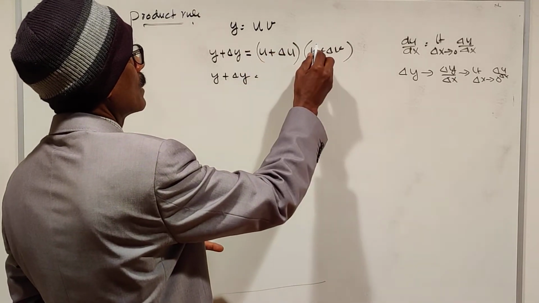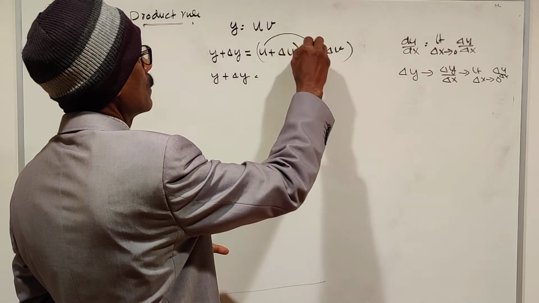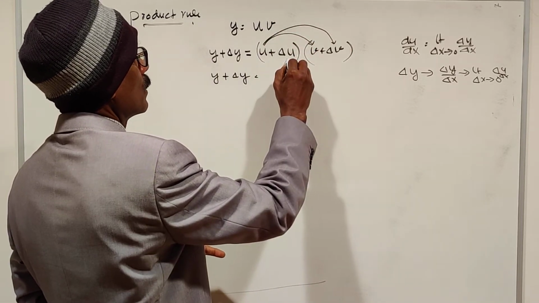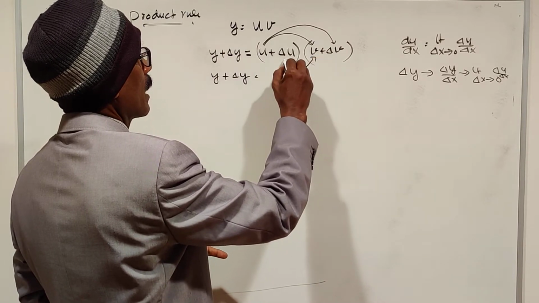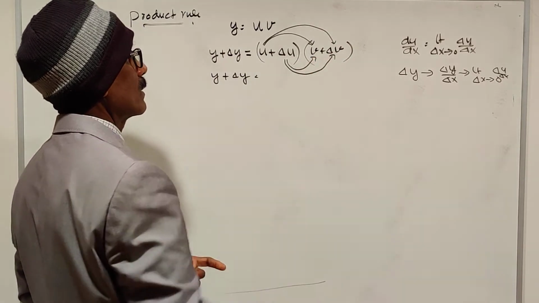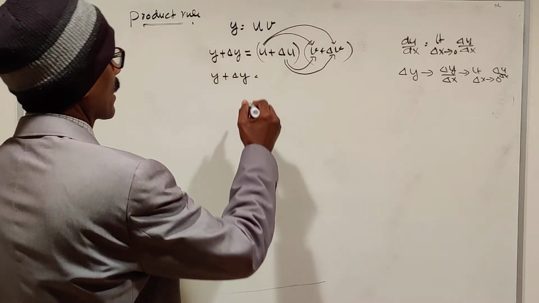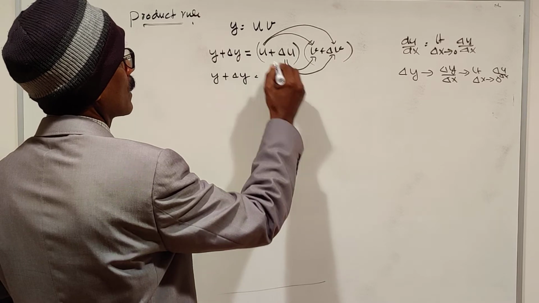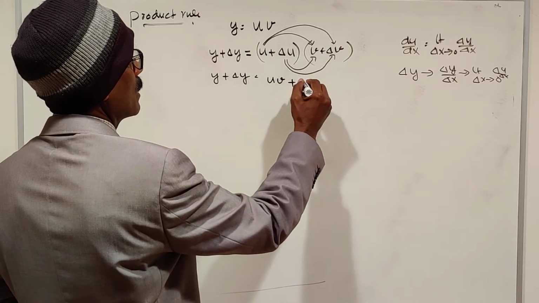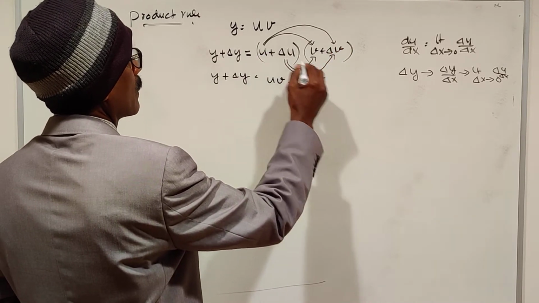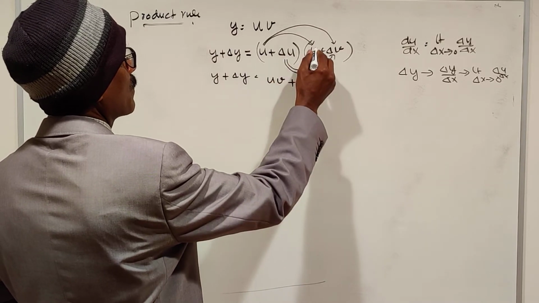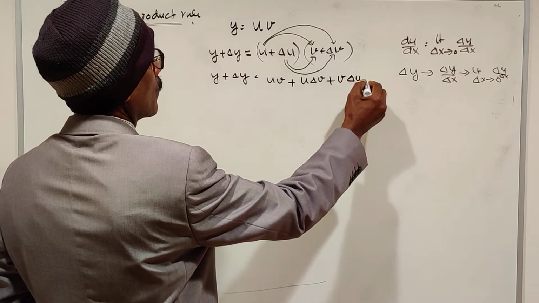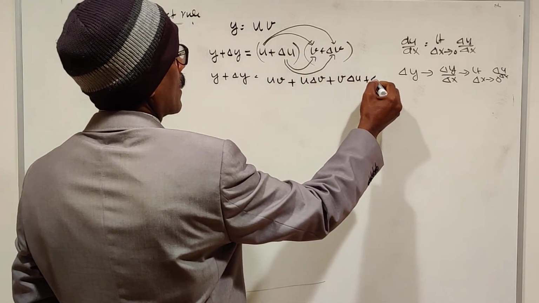The FOIL method: multiply u with v, u times delta v, then delta u times v and delta u times delta v. So uv plus u delta v plus v delta u plus delta u delta v.